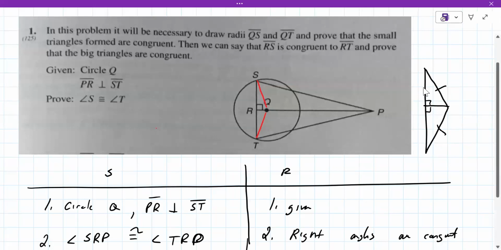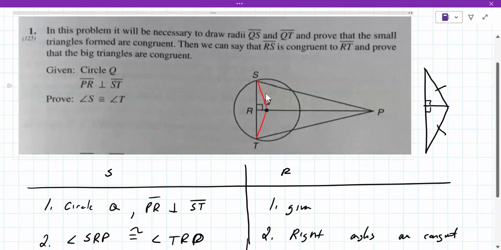So the next thing you can say is that SQT is an isosceles triangle, because it has two congruent sides.